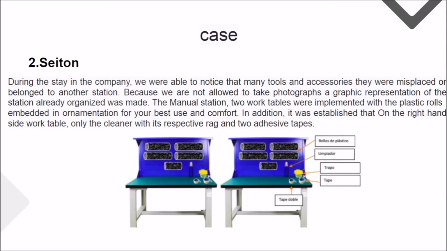The manual station worktable was implemented with plastic rulers embedded in the table for better use and comfort. In addition, it was established that on the right-hand side of the table, only the cleaner with its respective label and two adhesive tapes.